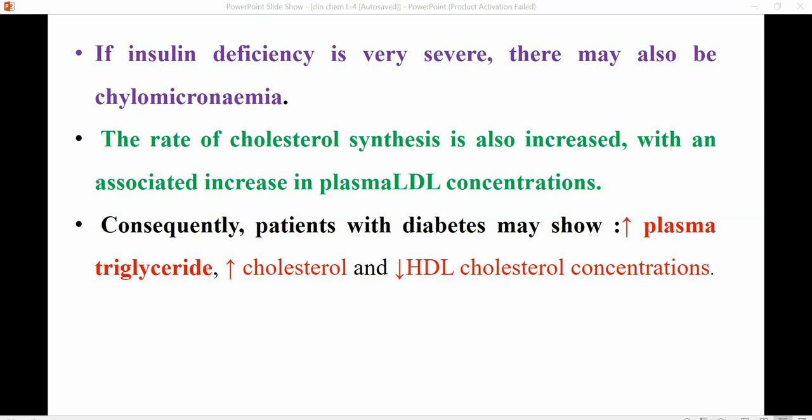Therefore, patients with diabetes could present with the following lipid profile: increased plasma triglycerides, increased total cholesterol level, and lowered HDL cholesterol concentration.